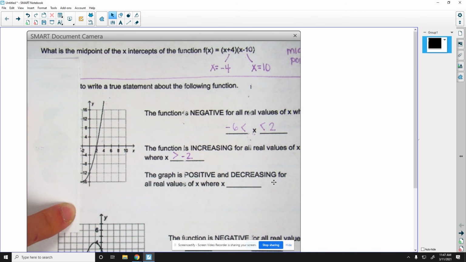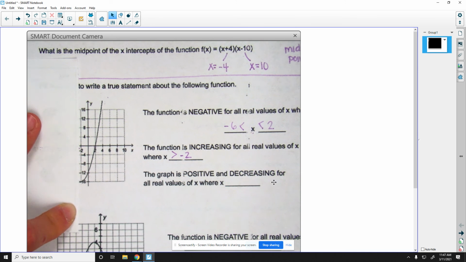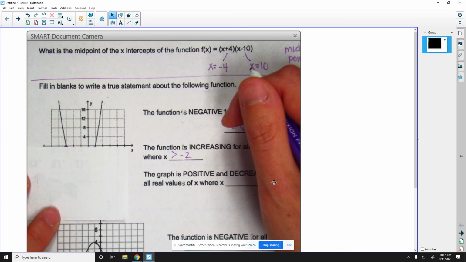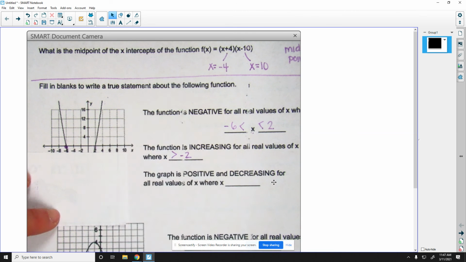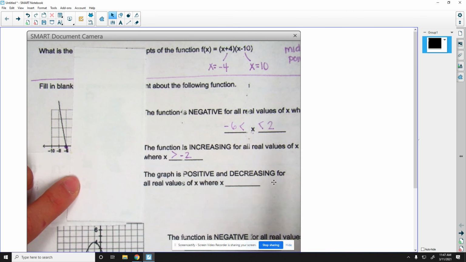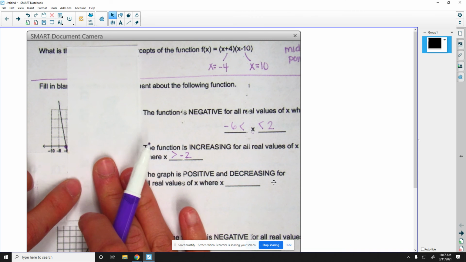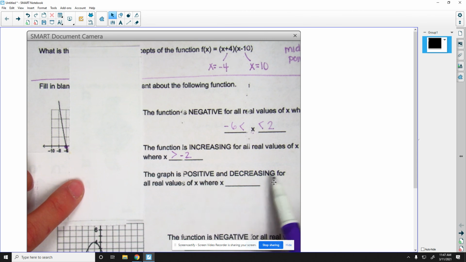Okay. Next one. The graph is positive. Okay, so here's positive. And decreasing. Okay, so that's why I have 2 sticky notes. So it's positive over here, and it's decreasing. So it's right here. Does that make sense? That's what I'm looking at. So it's positive and decreasing for the real values of x where x is blank.